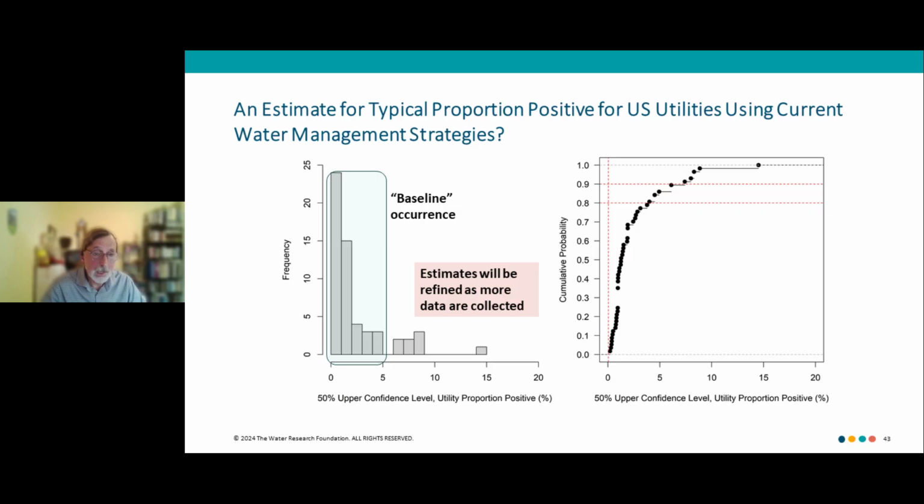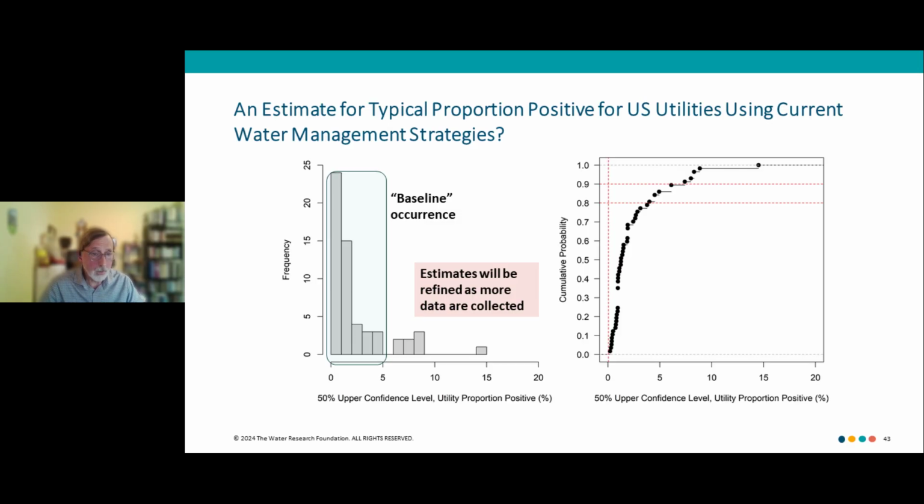The data seem to group themselves pretty nicely into two bins. There are data that indicate what we think is a baseline occurrence. This is just what you have at that utility given the conditions. And then there were some outlier utilities that had much higher percent positive. Generally, these had fewer samples, and they were reduced in subsequent years.